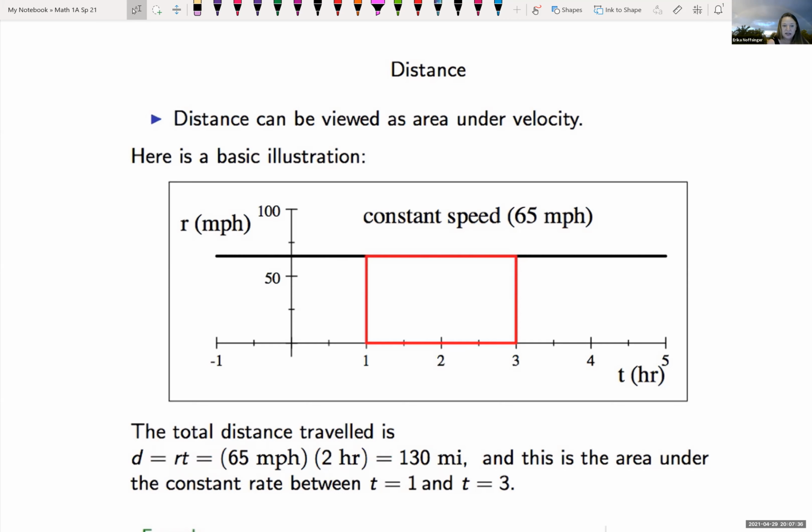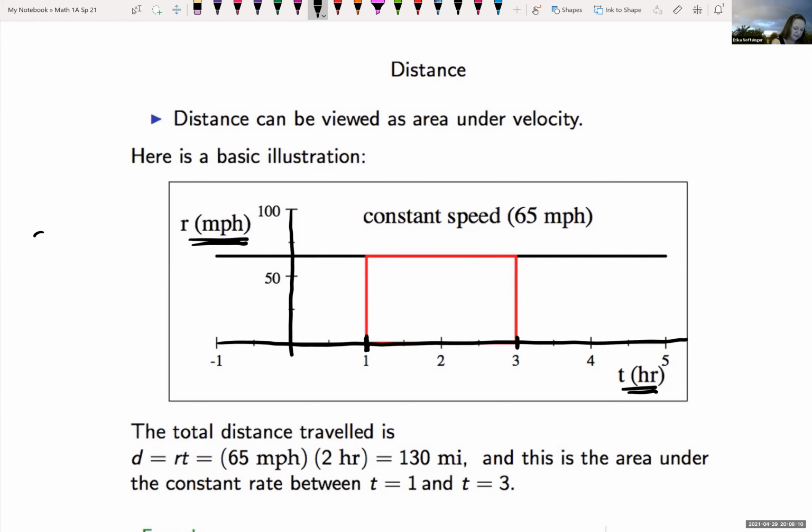And so if we graph this where our y-axis was our speed and our x-axis was the time in hours, and if we wanted to find the distance traveled, because on here we have the speed, we have the time. If we wanted to find the distance traveled, let's say between the first hour and the third hour.